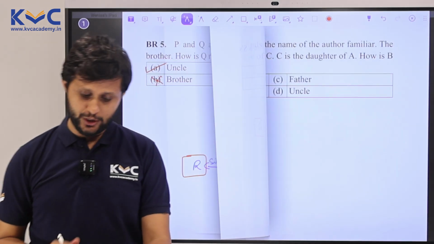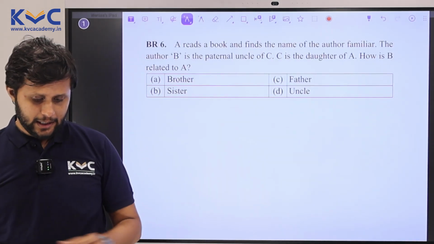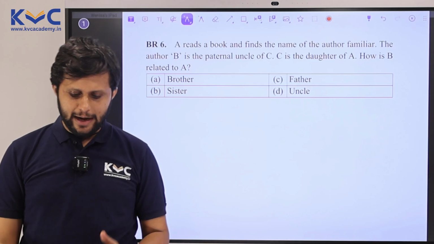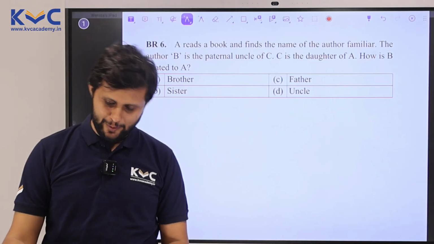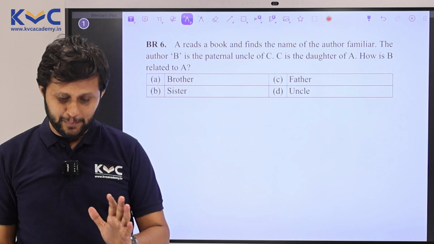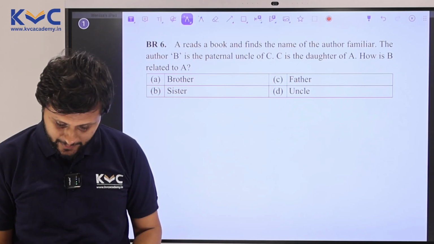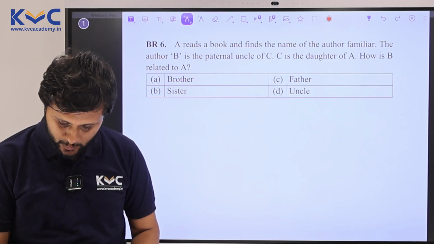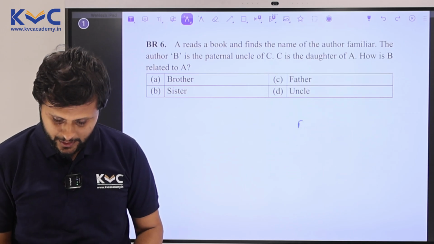Moving on to the next question. Question number 6. A reads a book and finds the name of the author familiar. The author is B. So there is a person B. Okay, let's switch back to blue. We have B over here.